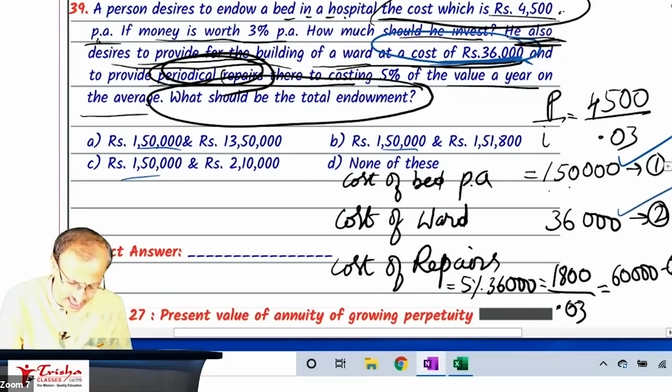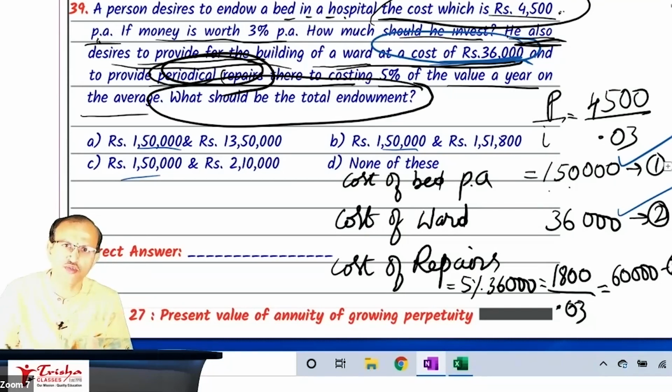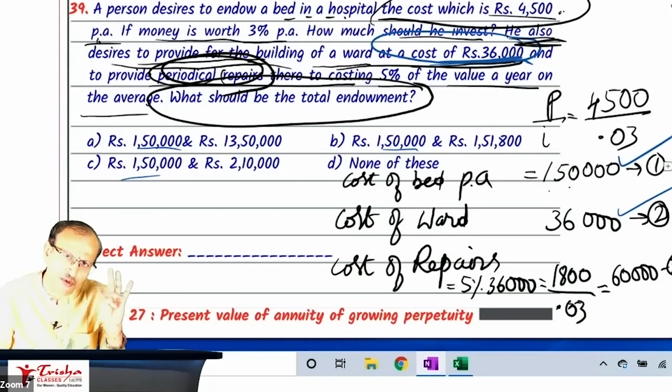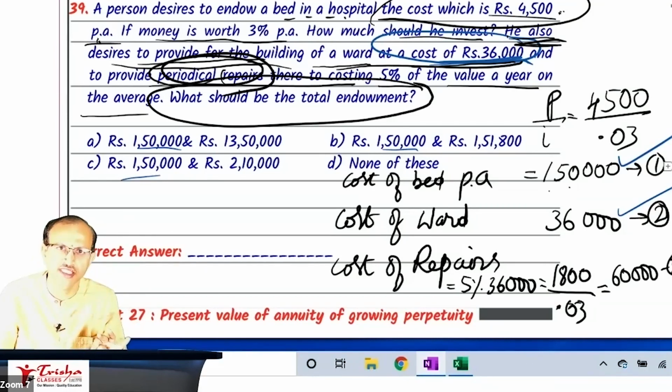So this is the next category. Only once. So why should I do P by I? No logic. So for the patient bed cost, he has to make an every year payment. He should have 1,50,000 today. To provide for that building construction cost of the ward, that will be 36,000, very clearly given. And he would like to provide periodical repairs.